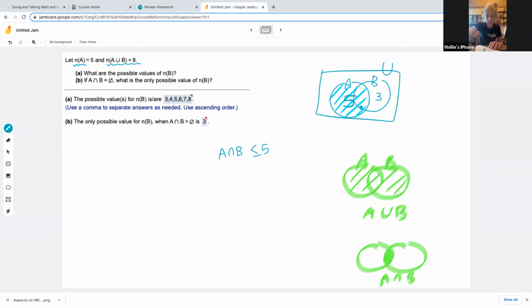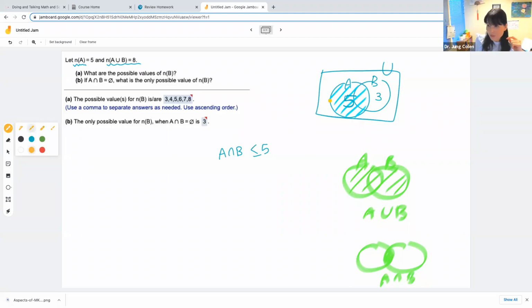So I'm talking about this part here, that's A intersection B. It cannot exceed 5 because this total is 5, right? So it cannot be bigger than 5. But we can think about that as 0. So any number between 0 and 5 could be the intersection part.